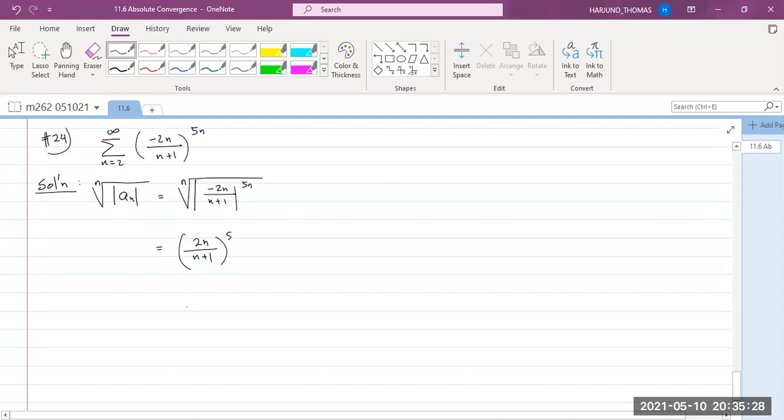Now divide by n on the top and at the bottom. This converges to 2 to the 5th, which is 32. That's greater than 1. So this series is divergent.